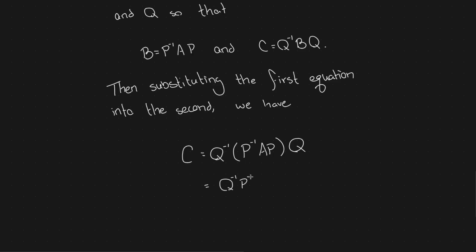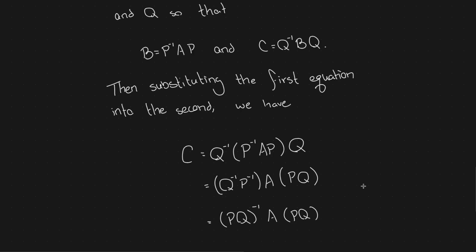So that's Q inverse P inverse, just kind of grouping things differently, times PQ. And remember, the product of inverses is not quite the inverse of the products. We have to flip it around. Q inverse P inverse is the same as PQ inverse. Okay, remember the sock shoes property.